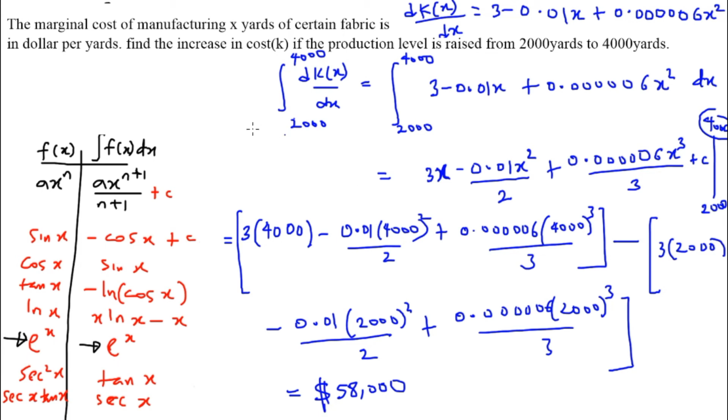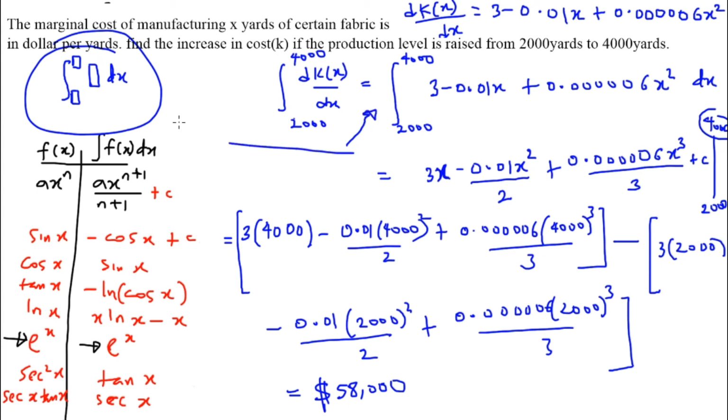Or if you use a scientific calculator, there is a part of your calculator that you can use to do definite integral. You will be able to see this button on your calculator, dx. If you can find this, you can simply use it to do this particular definite integral.